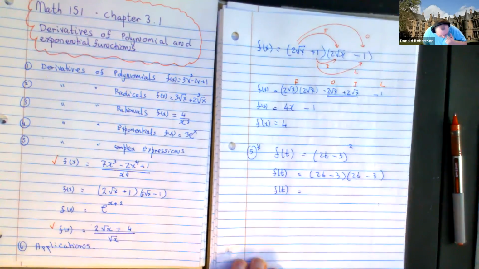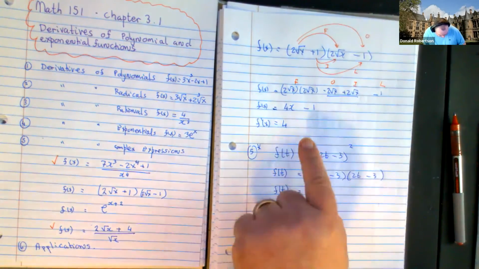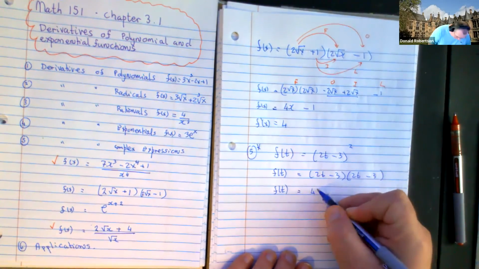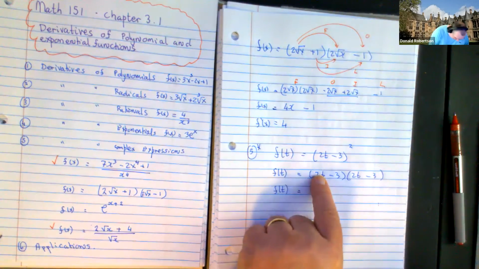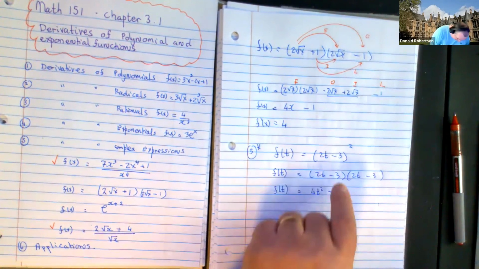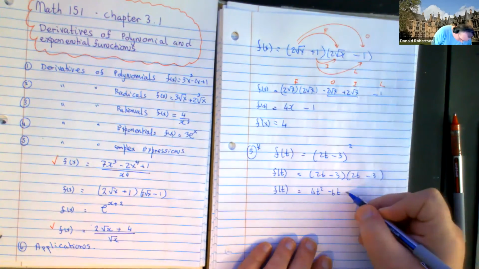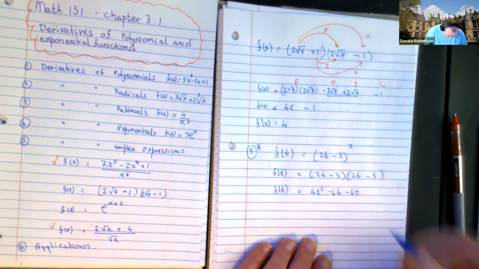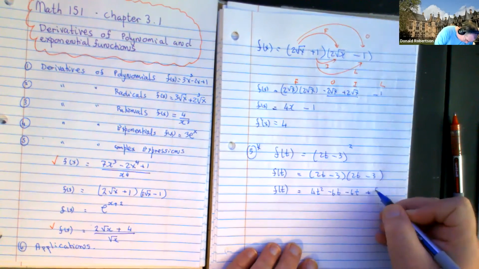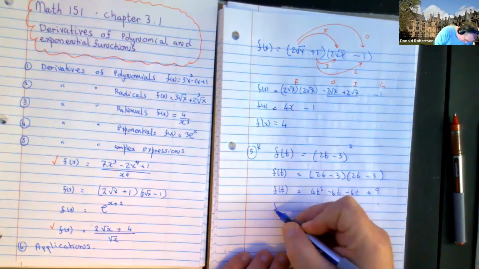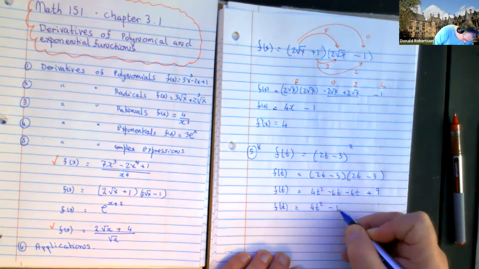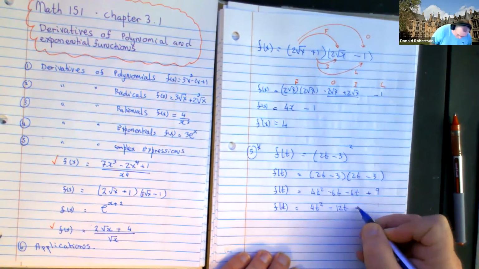This time I'm going to be a bit quicker. 2t times 2t gets me 4t squared. 2t times -3 gets me -6t. -3 times 2t gets me another -6t. And -3 times -3 gets me plus 9. So I have 4t squared minus 12t plus 9.